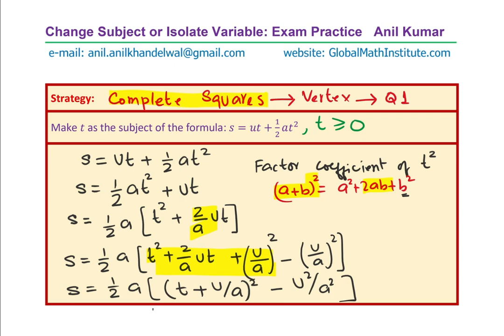So you see that we have done the completing the squares. Now let us open the bracket and distribute half a with the two terms inside the bracket. Then we can write down our formula, which will be in vertex form.